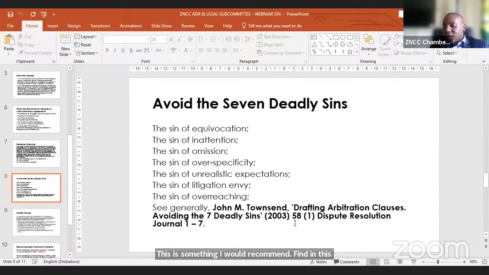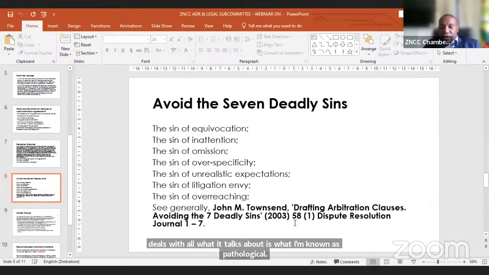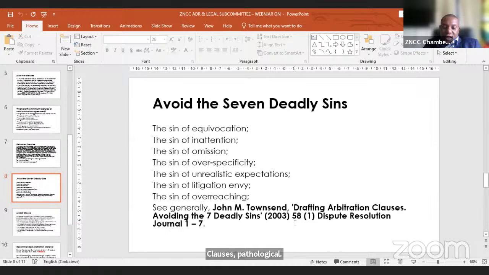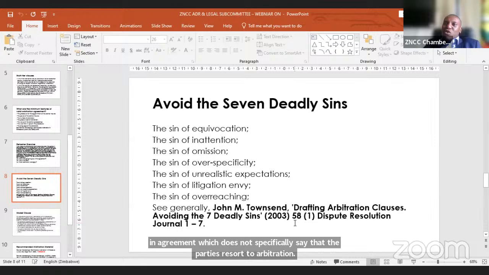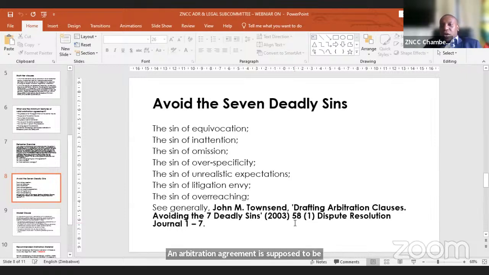The first one deals with what are known as pathological clauses. This is where you find an agreement which does not specifically say that the parties resort to arbitration. An arbitration agreement is supposed to be specific, so that the parties are going to finally resolve their dispute by way of arbitration.